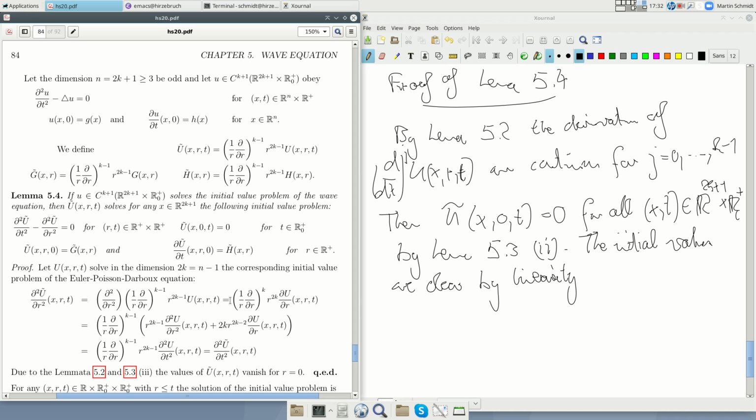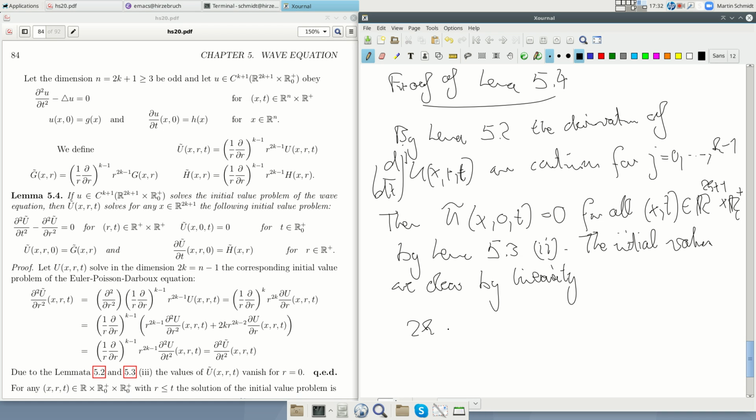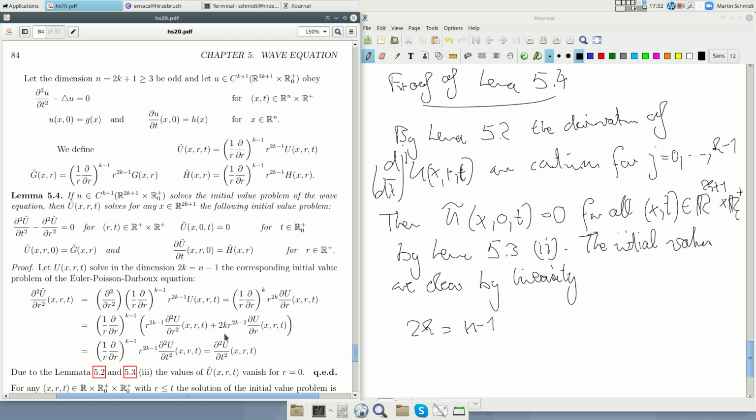Now we have these two additive terms, and we see that 2k is nothing else but n minus 1. And here we subtract this term, and then we see we have less, so this is n minus 1 divided by r times this term.